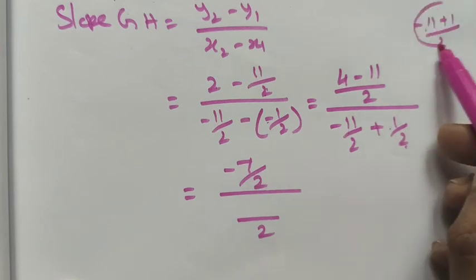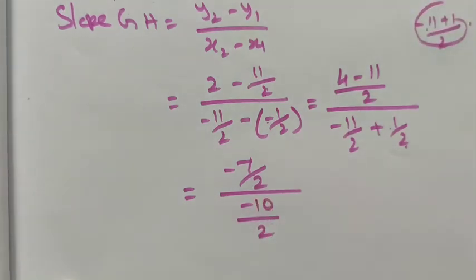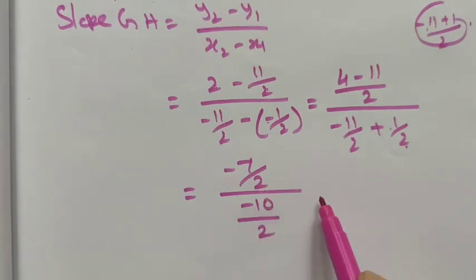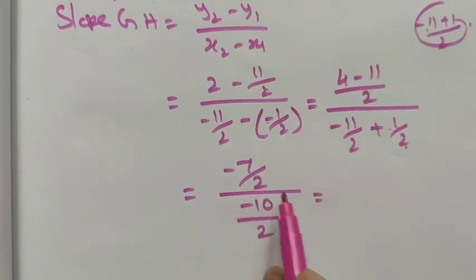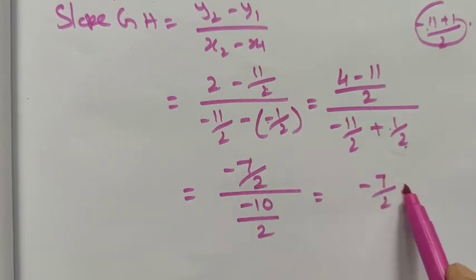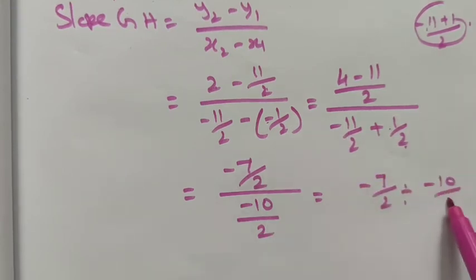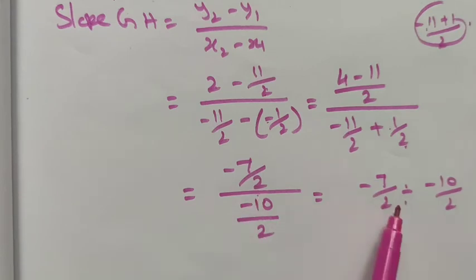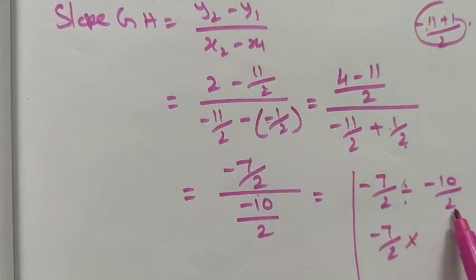When we subtract this, we get minus 10 divided by 2. This can be written as minus 7 divided by 2, division of minus 10 divided by 2. When I change the division symbol into multiplication, the second term becomes its reciprocal, 2 divided by minus 10.